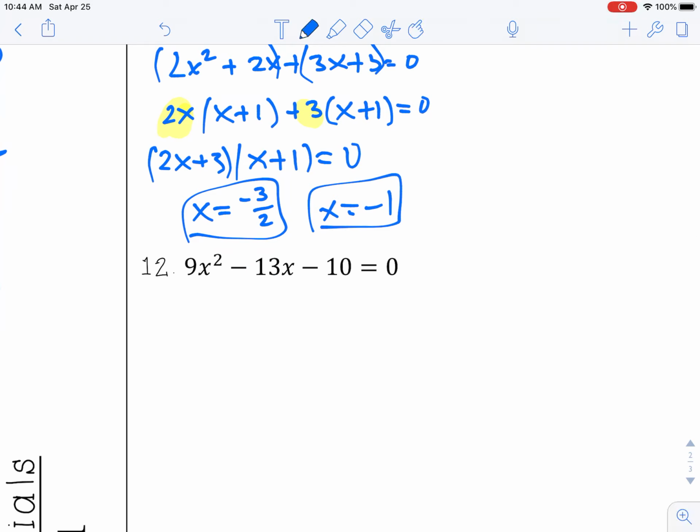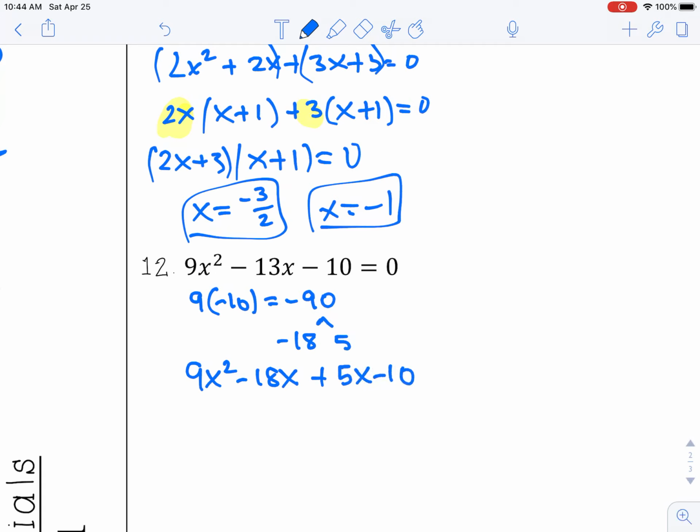Okay, and then the second one, I have 9 times negative 10, negative 90. So I need two factors that add up to negative 13. So 18 and 5, and it's negative 18. So I'm going to do 9x squared minus 18x plus 5x minus 10.